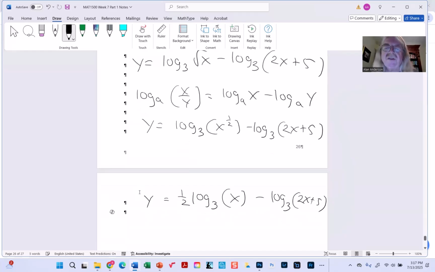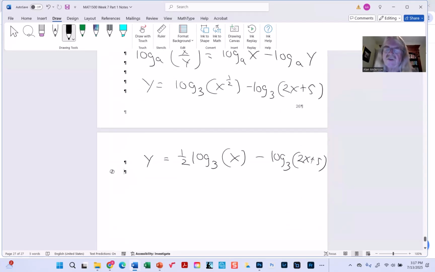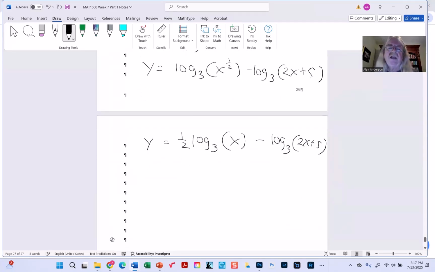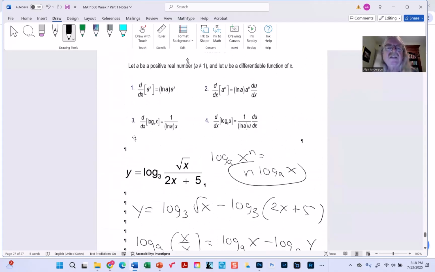Now we can start to apply the derivative rules that we just introduced a little while ago. We might as well do this in two pieces. We'll start with the first one. The trick is to look at this chart and see which one it most resembles.